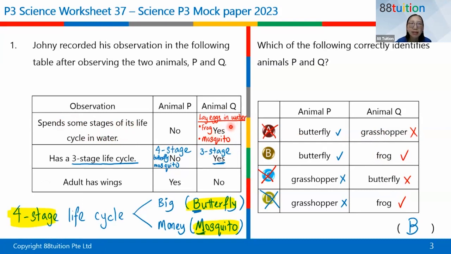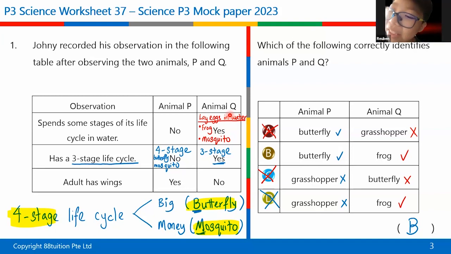Well, butterfly eggs are laid on the where? Where do butterflies lay their eggs, everyone? Where does butterfly lay its eggs? On a leaf. Very good, on the green leaves. All right, butterfly will lay eggs on the green leaves of the plant. But mosquito and frog will lay eggs in the water and their eggs will float on top.